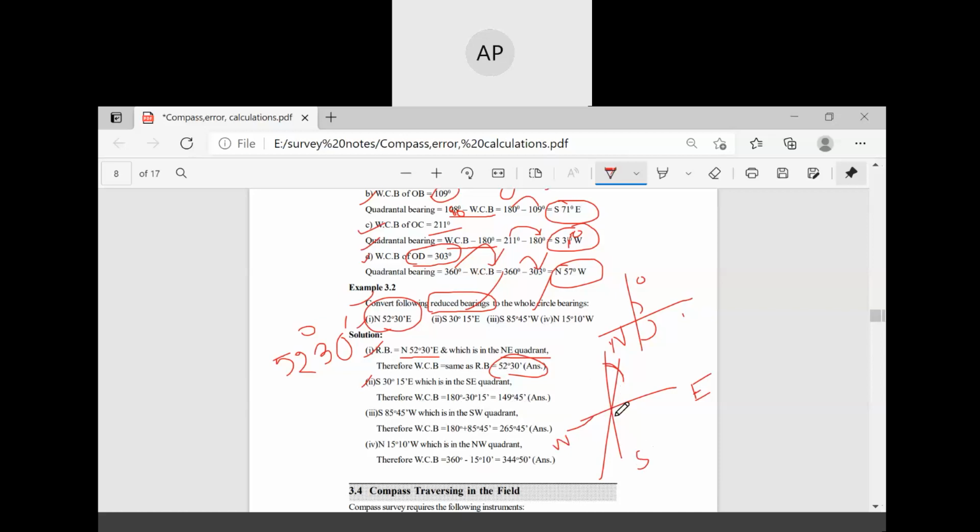That means this quadrant. So the WCB will be 180 degree, this angle. So WCB will be 180 degree minus this angle. So it will be 149 degree. Okay.